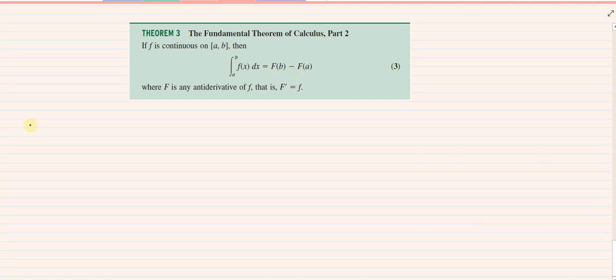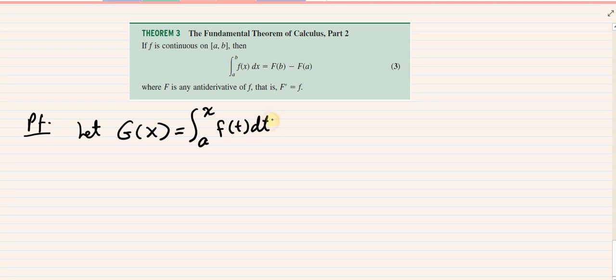Okay, so let's take a look at the proof of this one, which isn't really actually difficult. You would think it may be more complicated, but it's not. So if you look at the most general form of antiderivative, g of x here, and this is by Fundamental Theorem part 1, we can write g of x as the integral from a to x of f of t dt.